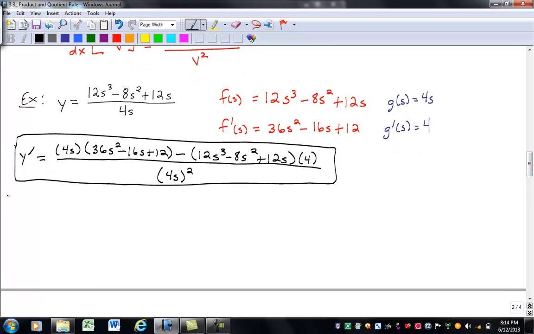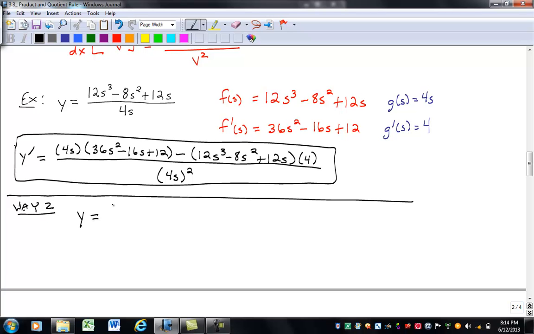But there's another way to do this problem. Just for full disclosure, way 2 is you could actually divide it first. You can rewrite this as 12s cubed over 4s minus 8s squared over 4s plus 12s over 4s. I can do that because the denominator is the same, so I can add the fractions together.